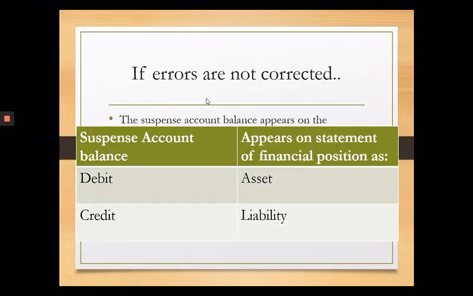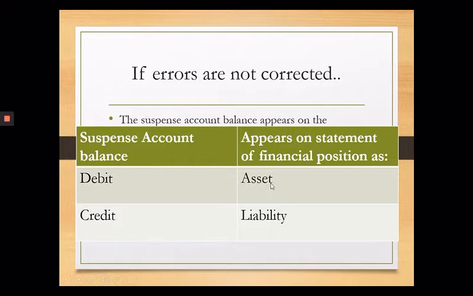After we have created the suspense account and the errors are not corrected, at the end of the accounting period, the suspense account balance will be posted in the statement of financial position. If it is a debit balance, it appears on the statement of financial position as an asset.